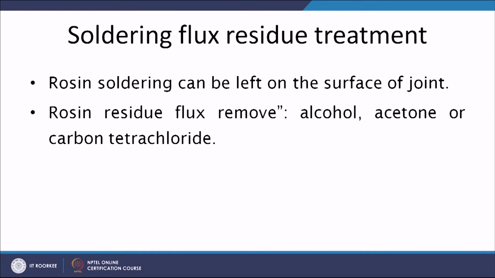Residue treatment: rosin soldering fluxes can be left on the surface because they are not considered to be corrosive in nature, and if the rosin fluxes are required to be removed, then alcohol, acetone or carbon tetrachloride can be used for this purpose.